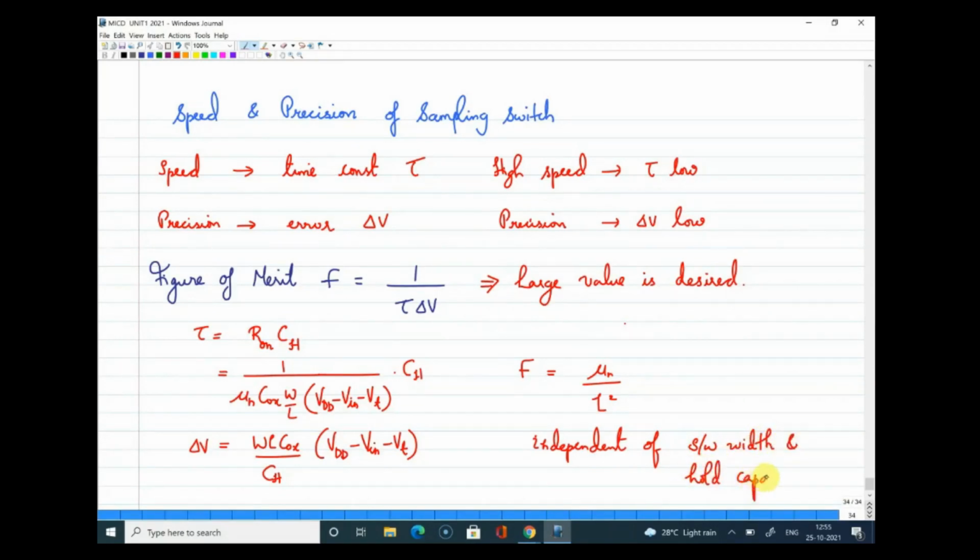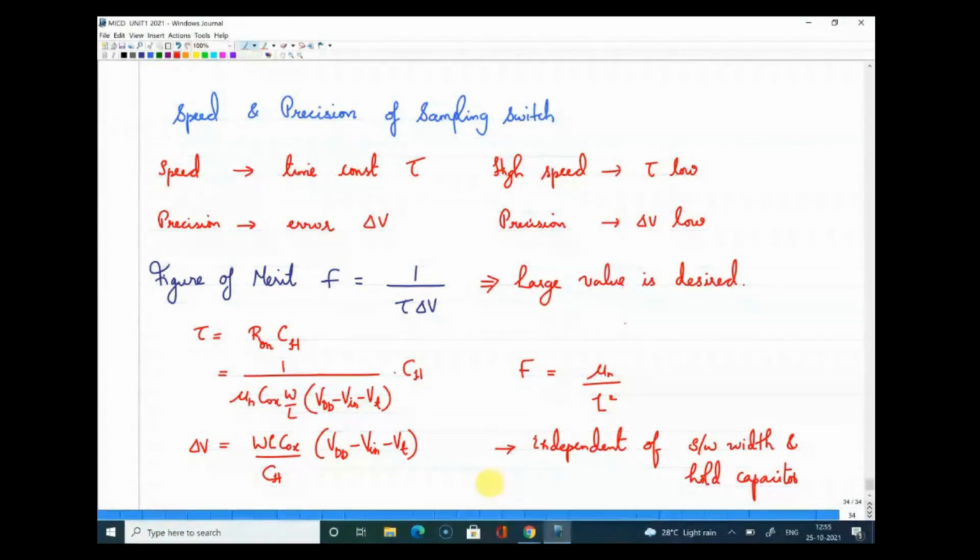That is one takeaway we can make from the figure of merit definition, because the figure of merit was defined to bring in both speed and precision together, and the desired value is high. It is independent of the switch width as well as the hold capacitor value. At this point, we'll revisit this again.